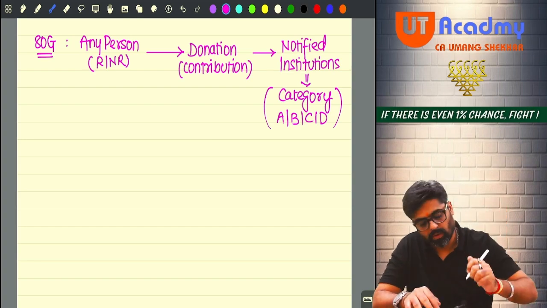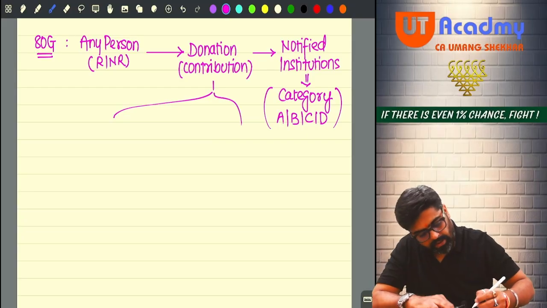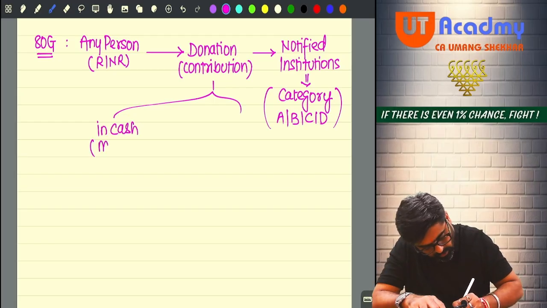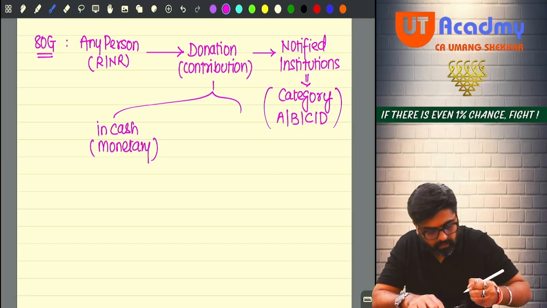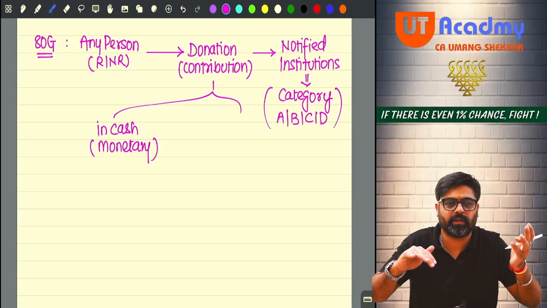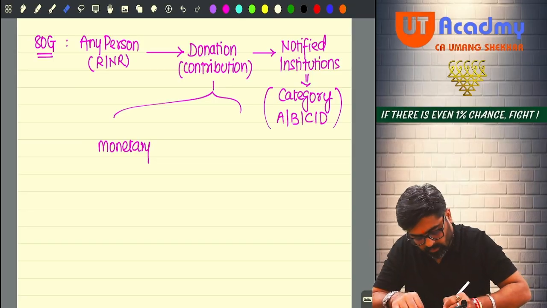Okay. Now, the donations which you are making in cash. Cash means monetary. In cash does not mean literal cash. Donation in cash, donation in kind, meaning monetary or non-monetary donations.